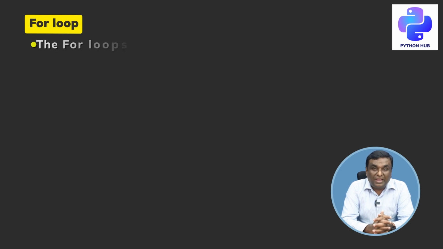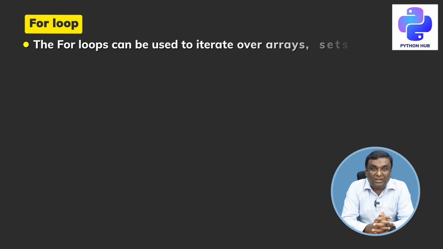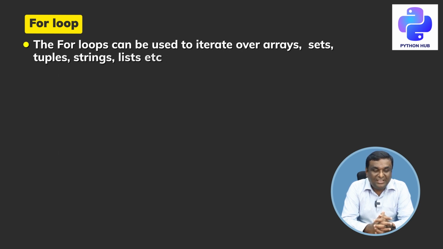The for loop can be used to iterate over arrays, sets, tuples, strings, list, etc. I know some of the terms may be new to you. Don't worry about it. We are going to learn data structures in the upcoming sections and you'll be able to understand these statements. But all you have to remember now is these data structures can store multiple values. So to go through multiple values of those data structures, for loop can be used.